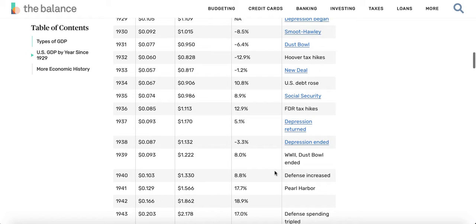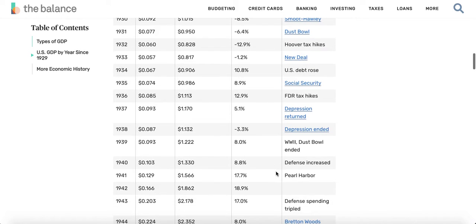We have to of course take into account revenues they get from exports. So when the European powers were importing US-made war equipment, that's a lot of revenue for the US, and that helped a lot as well.